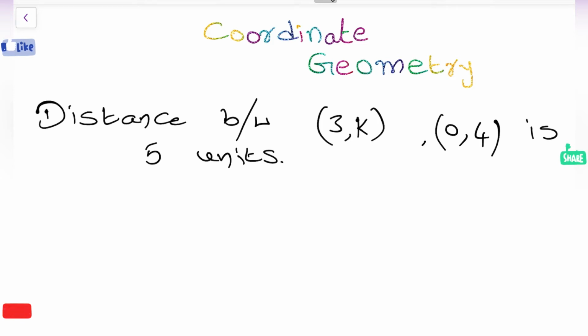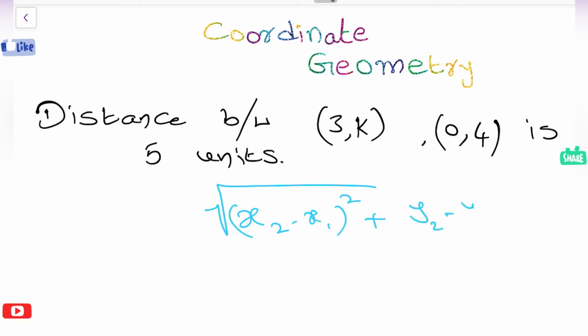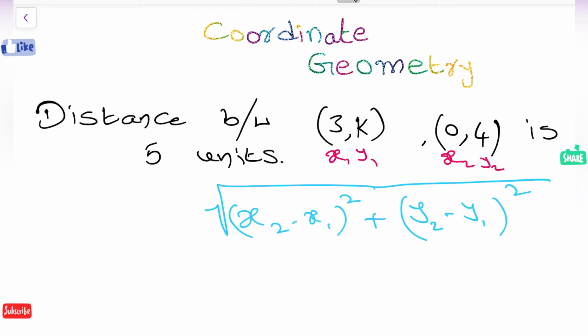As usual, the distance formula, that is under root x2 minus x1 whole square plus y2 minus y1 whole square. This is x1 y1 and this is x2 y2. Let us substitute.